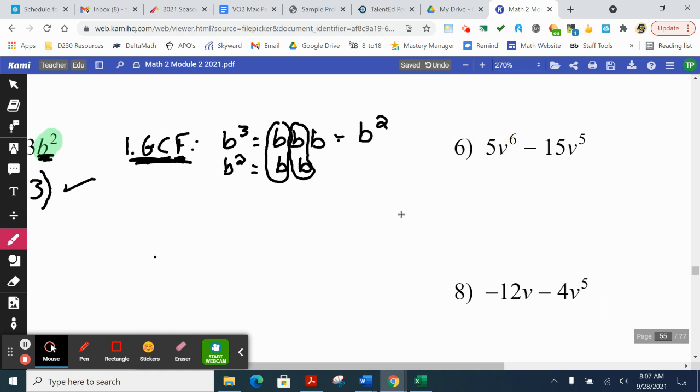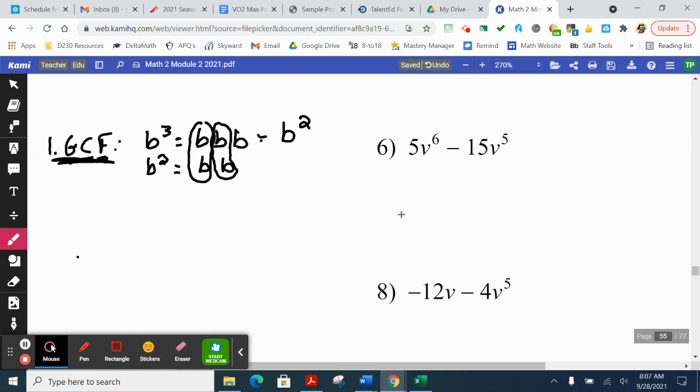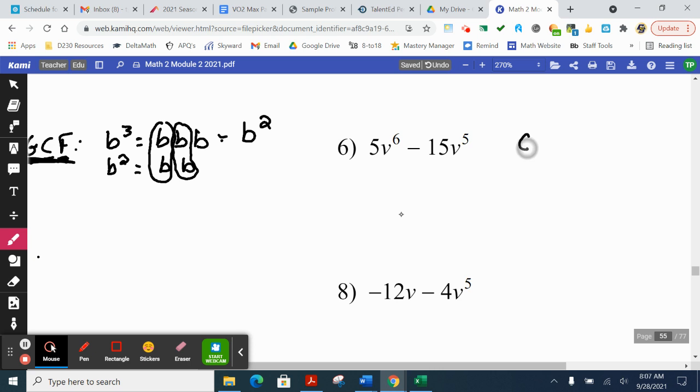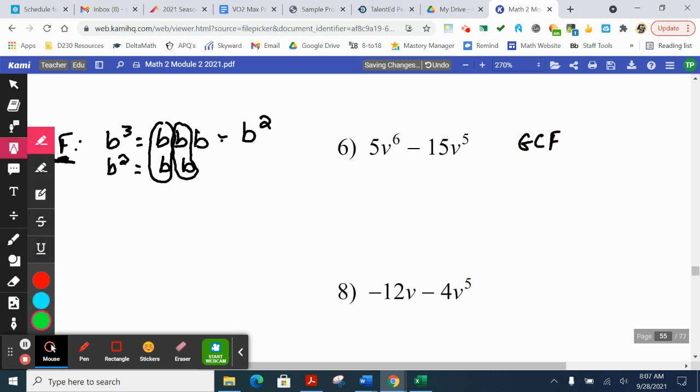If you go to number 6, same thought process. Let's now not write all of these out, but we want to go by each type of expression here. So if I have a 5 and a 15, is there a number that goes into 5 and 15? Okay. All right. So we do have a common factor of 5. So we definitely want to write that down. We also want to consider our variables.